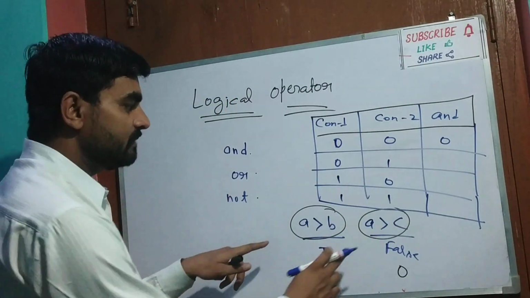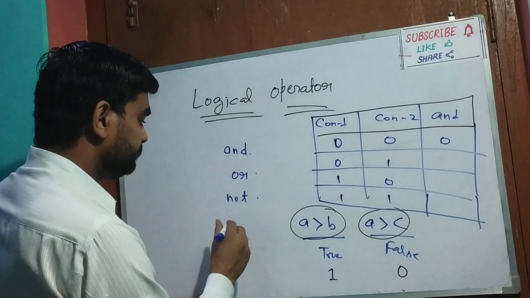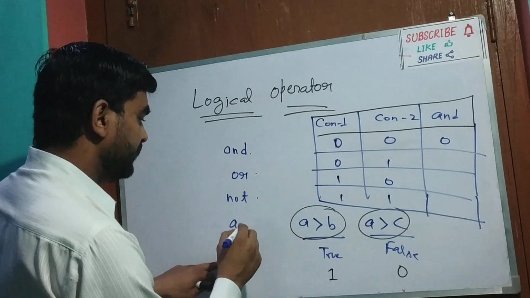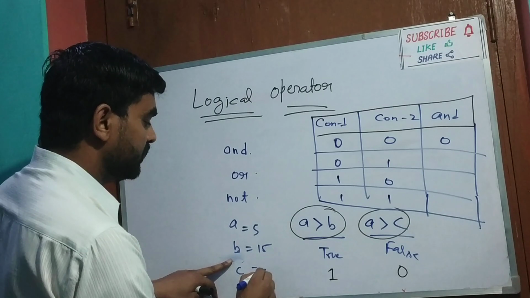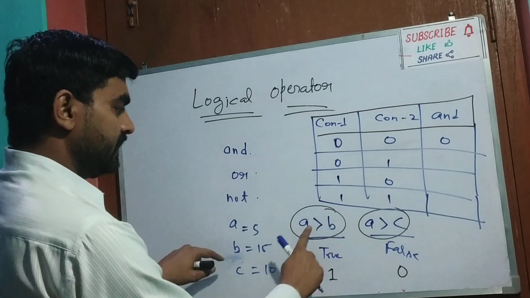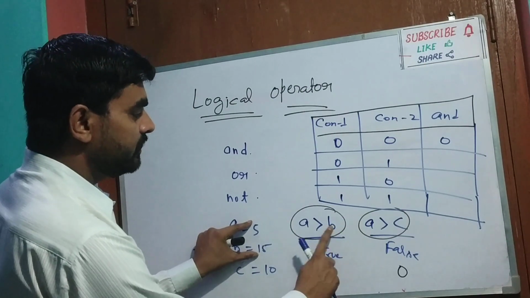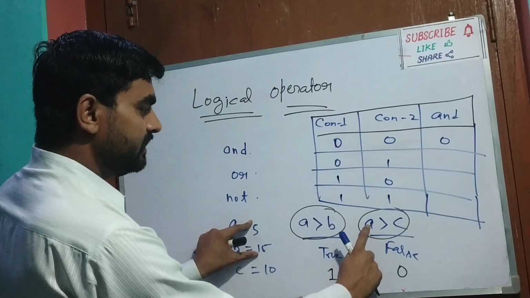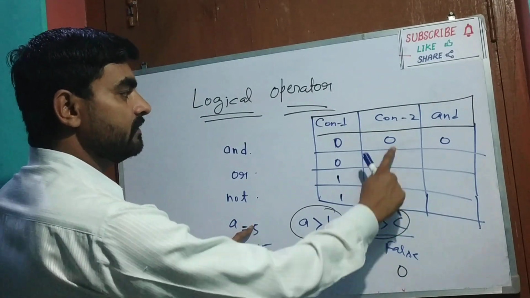I am going to give an example like this. Suppose you have A, B, and C. The value of A is 5, the value of B is 15, and the value of C is 10. A greater than B, based on these values, is false. A greater than C, 5 against 10, is also false.